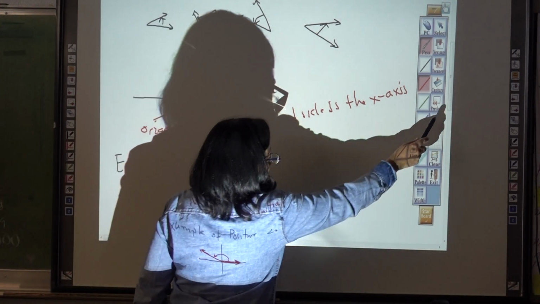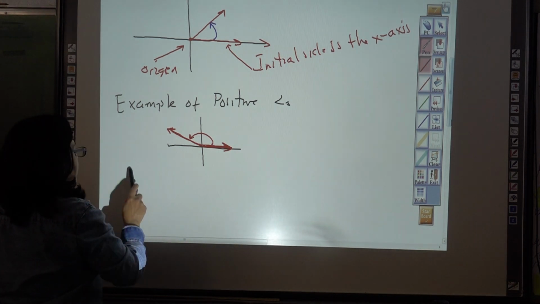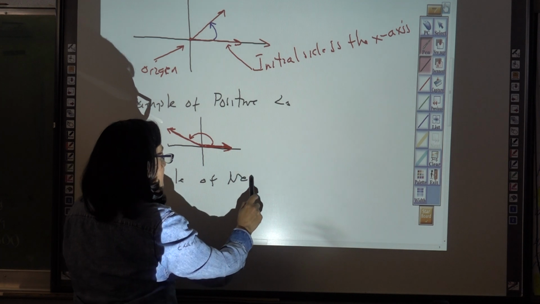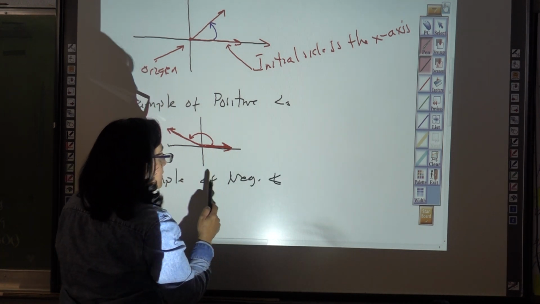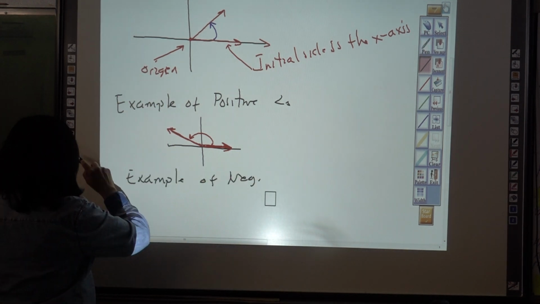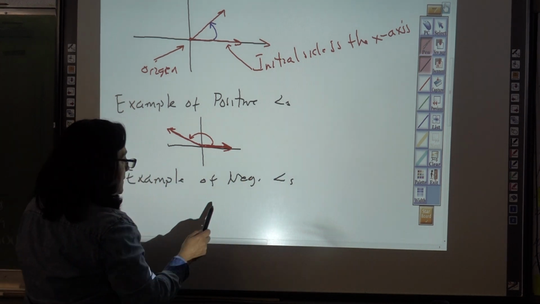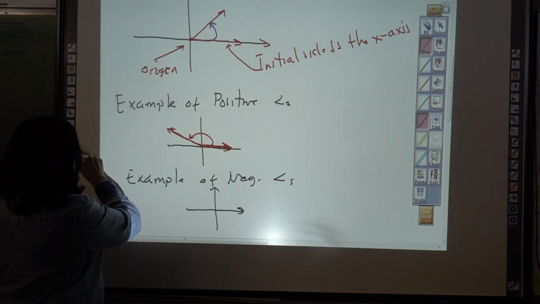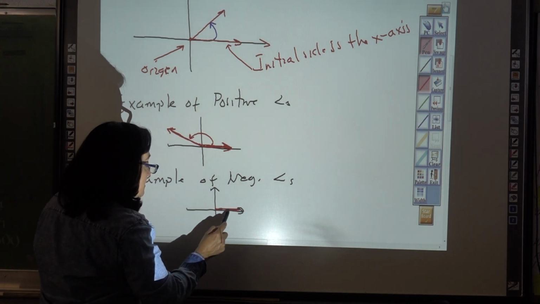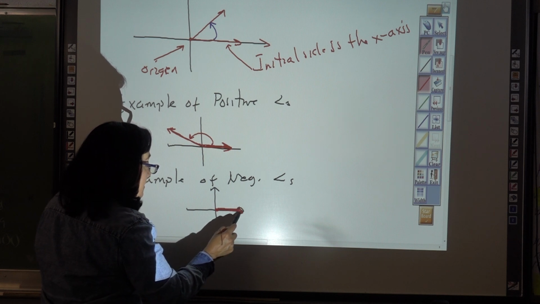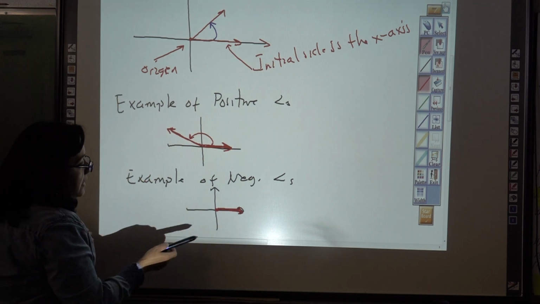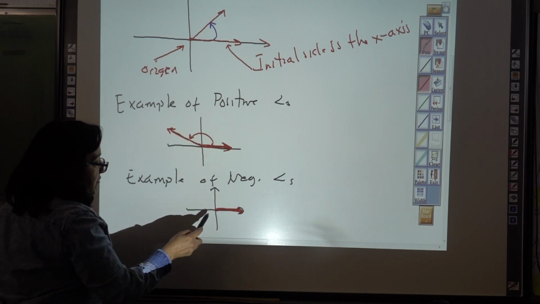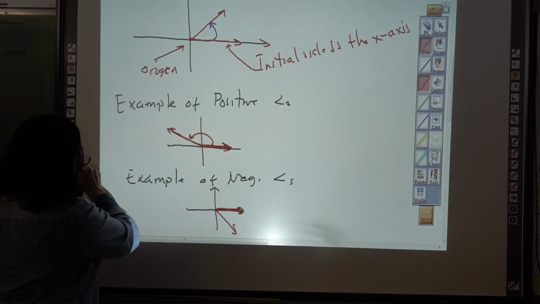Now, an example of a negative angle. We have the x and y axes, and the initial side has to be at the vertex, the origin, and this has to be the initial side. But this one, instead of going counterclockwise, goes clockwise. Say, for example, this is a negative angle.